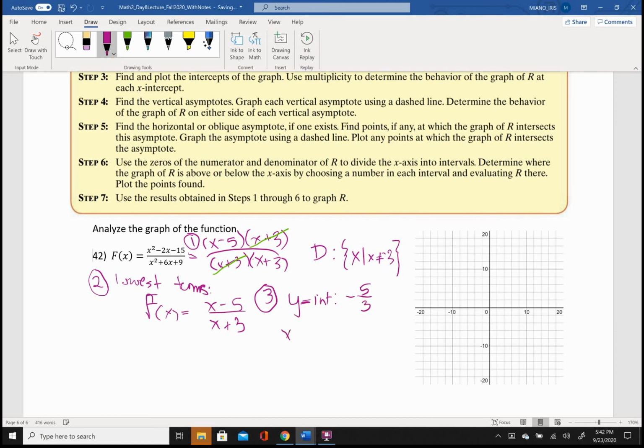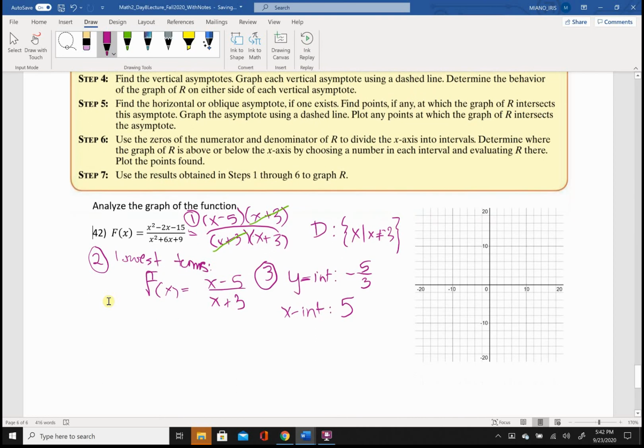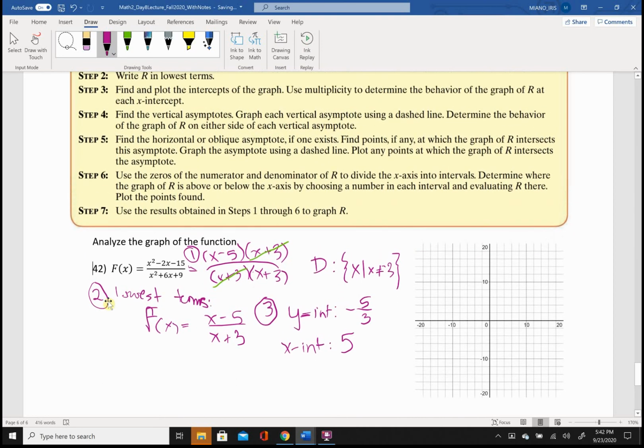And then the x-intercepts will be happening at, one might off the bat say 5 and negative 3, right? But wait. The domain restriction dictates that we cannot take negative 3 as an x-intercept, okay? So the only x-intercept that is actually viable is 5. Okay, so be careful with that when you see it. Moving on to step 4, did I do everything about that?